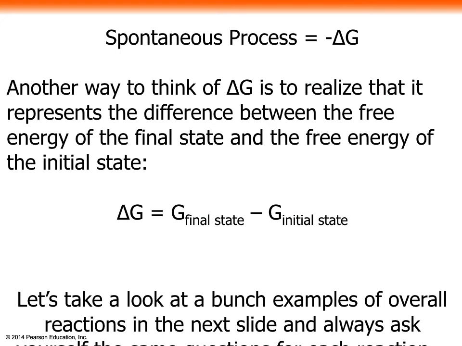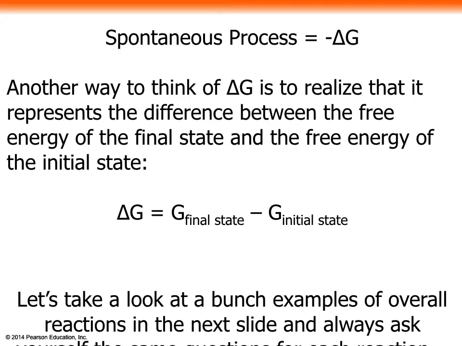Another way to think of delta G is to realize that it represents the difference between the free energy of the final state and the free energy of the initial state. So you have delta G on the left-hand side equals the final state minus the initial state. Let's look at the example of the person jumping off the diving board.